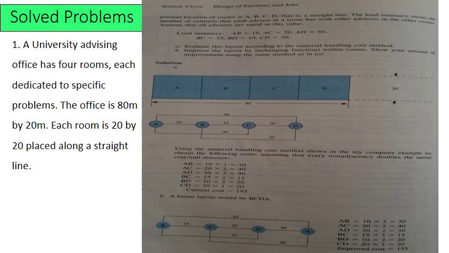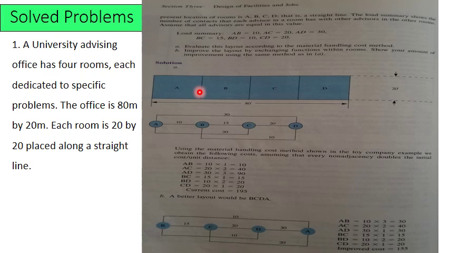Let's do an example. A university advising office has 4 rooms, that is A, B, C, and D, each dedicated to specific problems. The dimensions of the office are 80 by 20, and each room is 20 by 20.